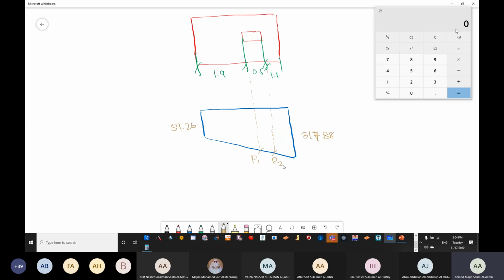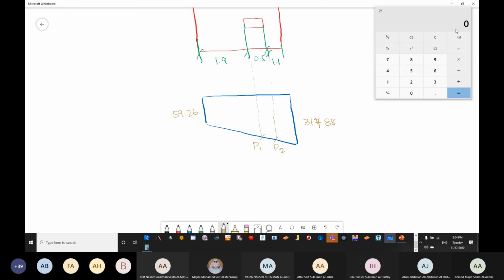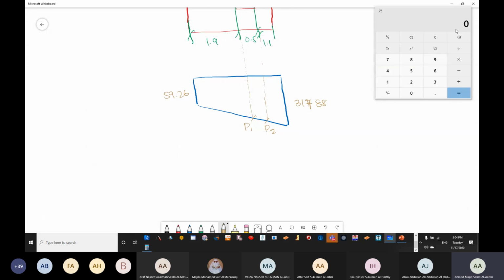Okay. Now how are we going to do it? How would you use the triangle? Let us say I'm going to divide it in this way, where one is the height of the triangle.